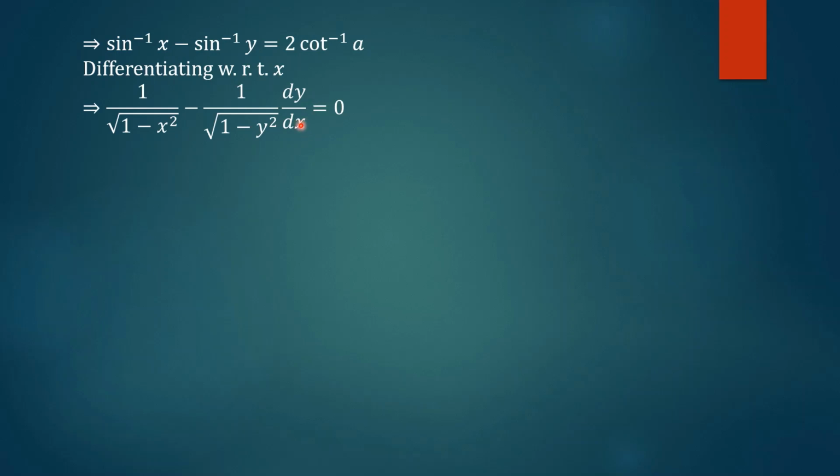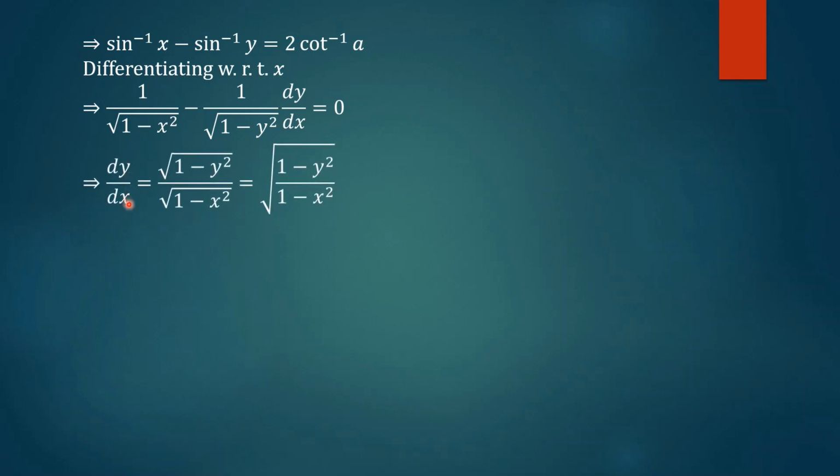Now simply dy dx will be equal to, this term will go to the numerator, shifting to the right side. So you will have dy dx is equal to root over 1 minus y square divided by root over 1 minus x square, and this total term can be written under a single radical sign like this: root over of 1 minus y square by 1 minus x square. So this completes the solution of the problem.